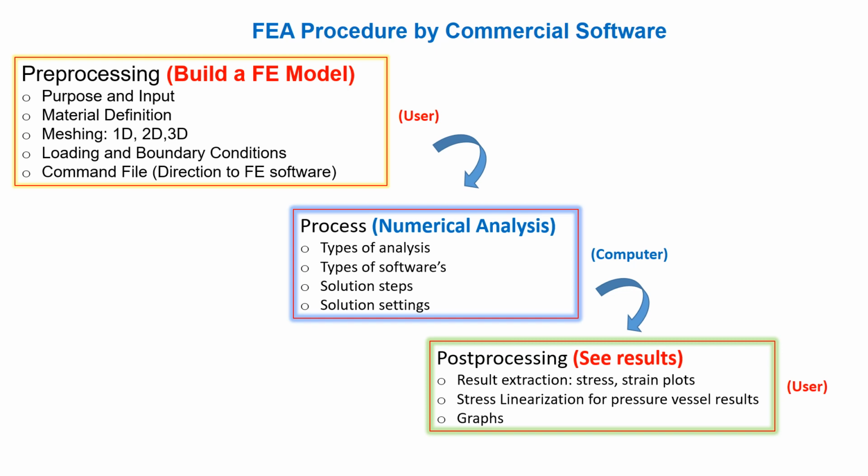So the FEA procedure by commercial software has three important steps: pre-processing, process and post-processing.